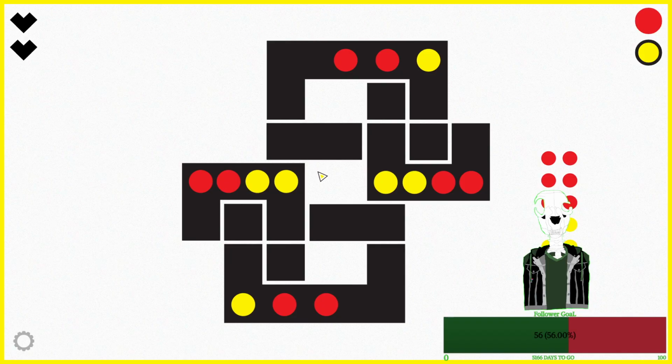So if these 2 are yellow, that helps both of these. But again, we can't do anything else yellow except these themselves. Seems right to me.